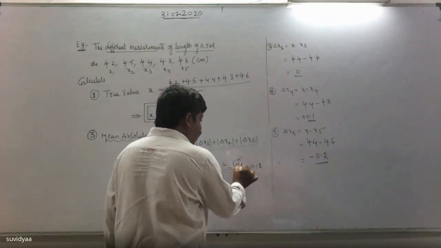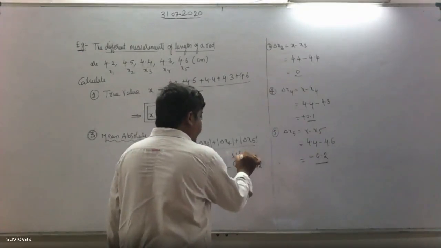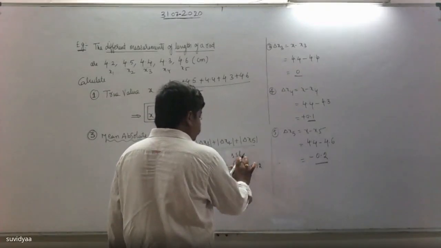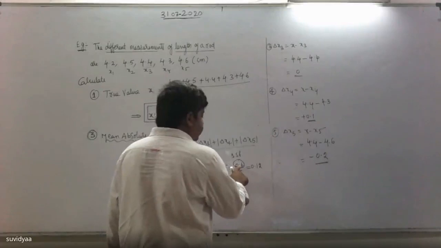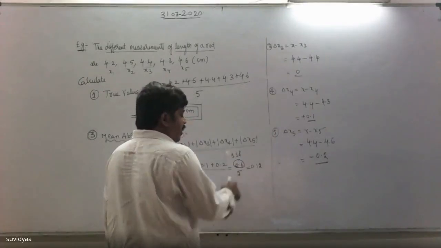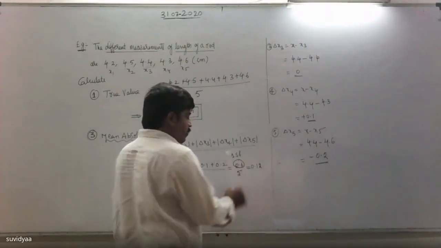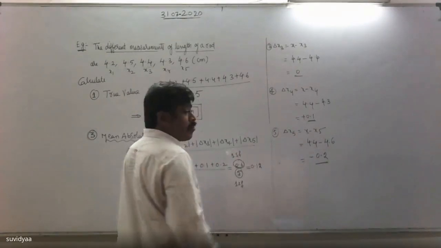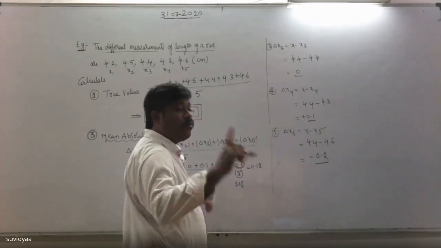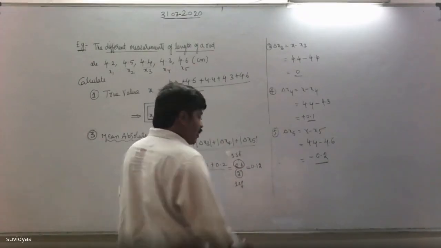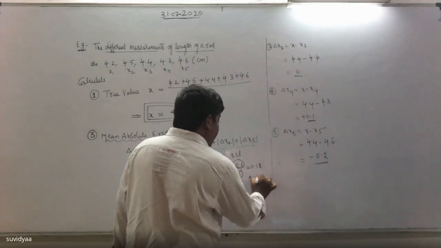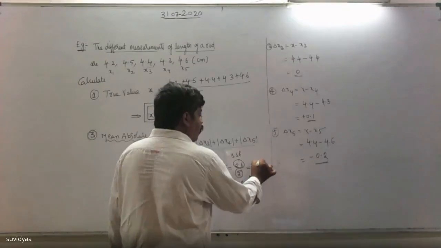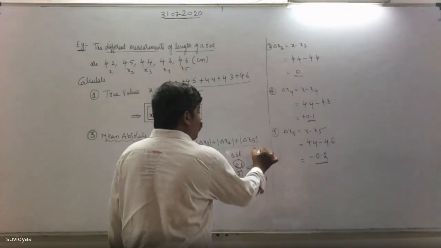In this, we have one significant figure, here also one, and this is also one. So in our final answer also we should have one significant figure. So what is the correct answer? The correct answer is 0.1. Now 2 is rounded.